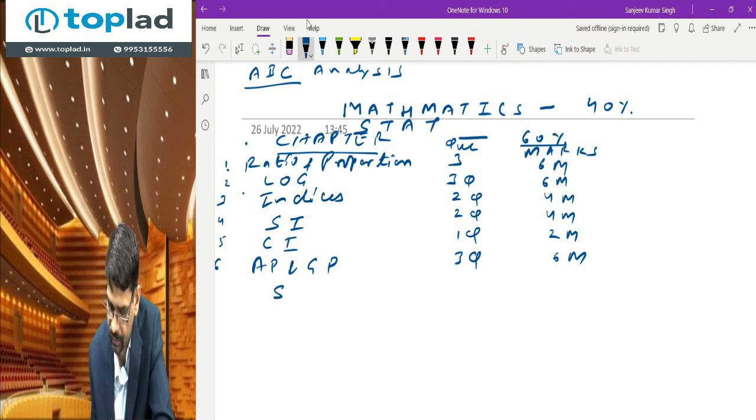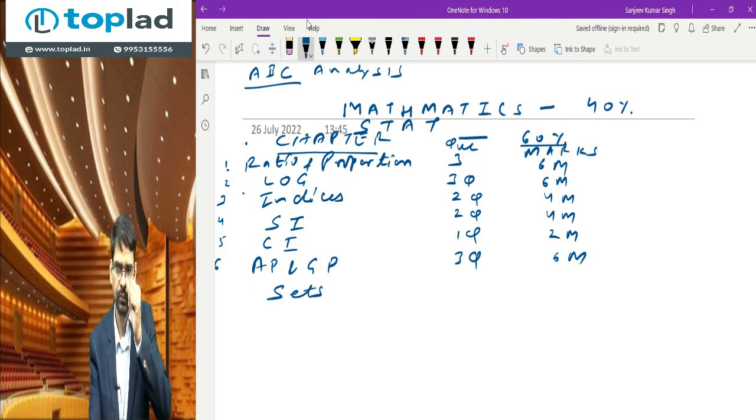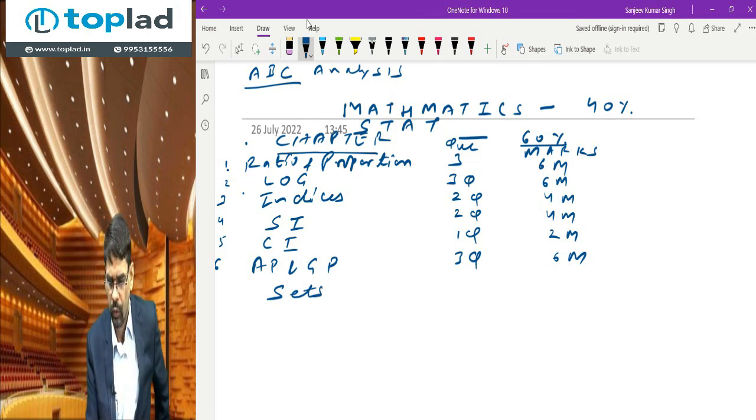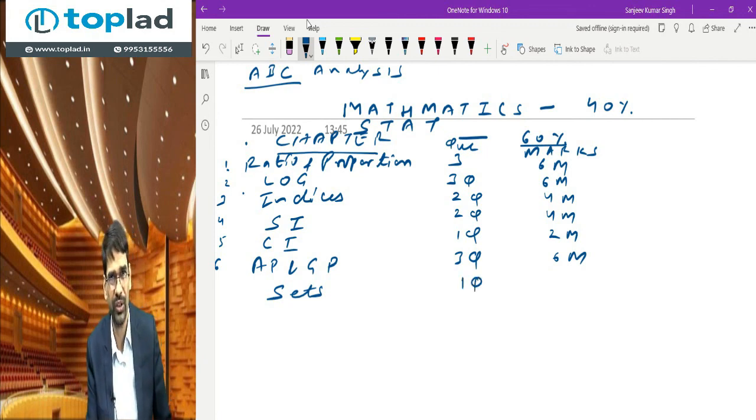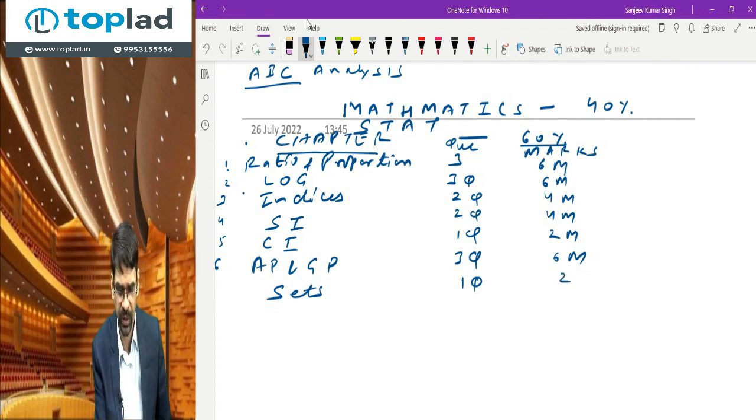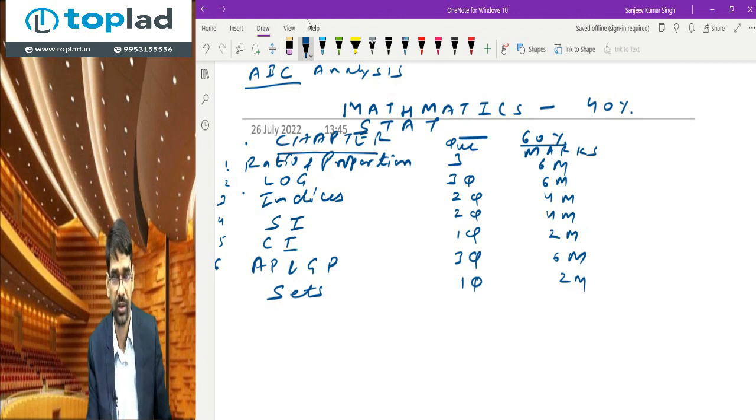The 7th chapter is sets. From this chapter, the institute asked only 1 question. Very small chapter, only 1 question. 1 question means 2 marks.